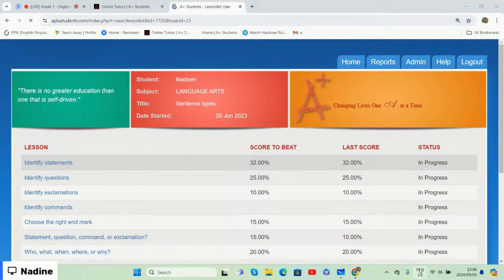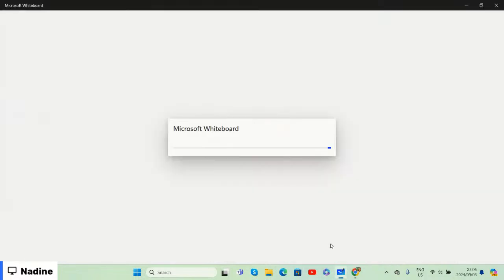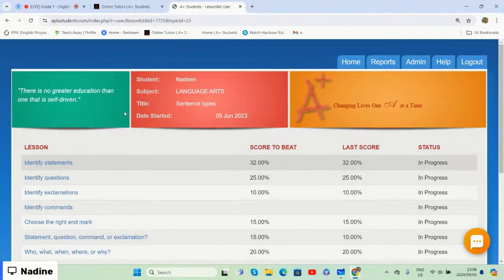So we're doing sentence types, right? With sentence types, there are different types of sentences. We have a statement, a question, an exclamation, and also command sentences.